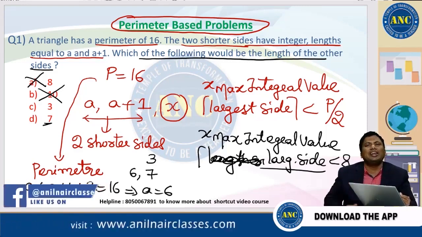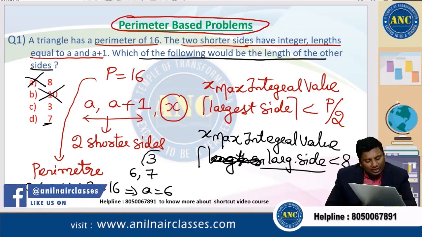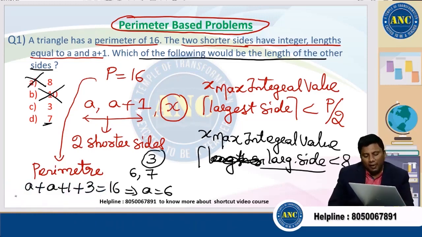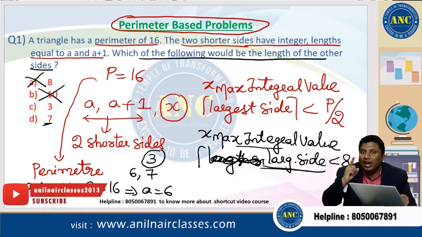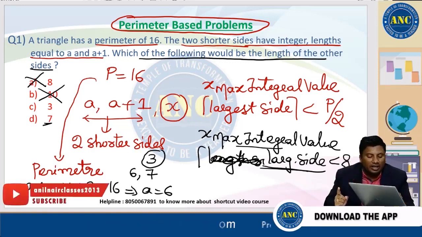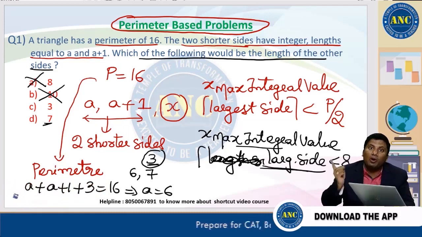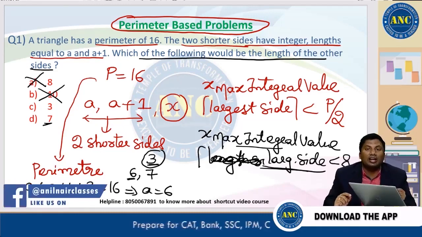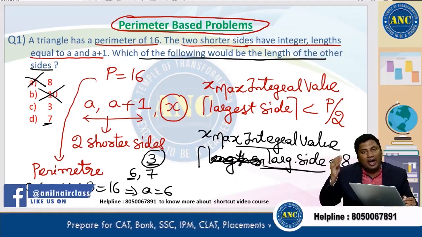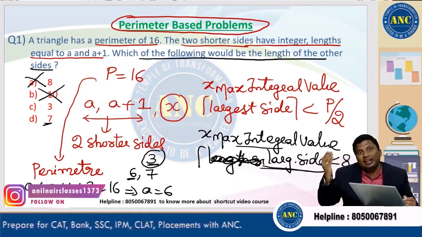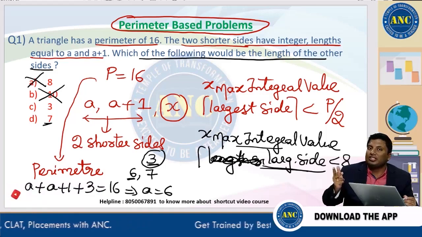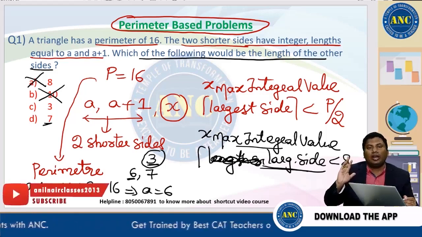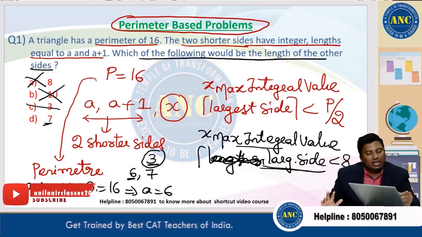This is logically incorrect because you are giving 3 as the maximum integral value of the largest side, and then countering that with 6 and 7. Maximum value a side can take is 3 but you are taking 6 and 7, which is non-coherent. That means 3 is incorrect.